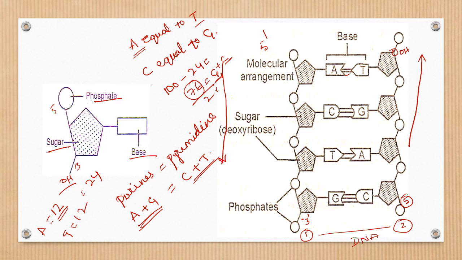Then you will get how much? 38. So guanine is 38, cytosine is 38, 76, and adenine 12 and thymine is 12. That is the proportion present, and finally purines equal pyrimidines.